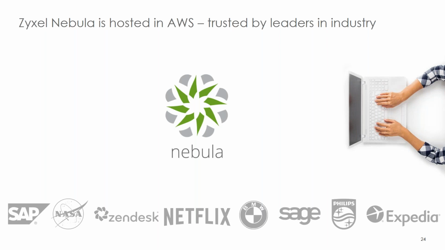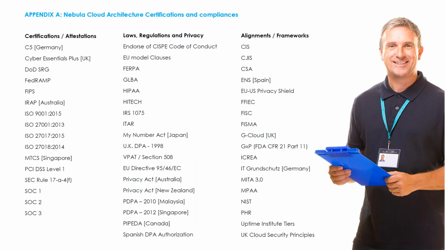So yes, BMW, Netflix, they're all there, and they rely on these kinds of systems. And is it certified? It's really certified, in all kinds of ways in different countries. So it is a platform that is protected at all different levels from all over the world.